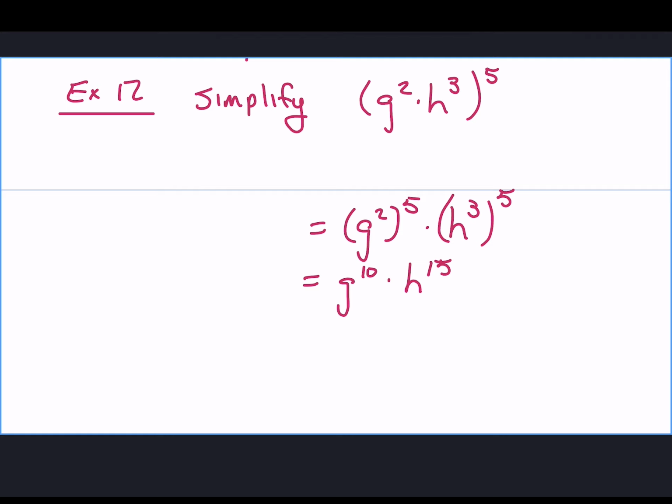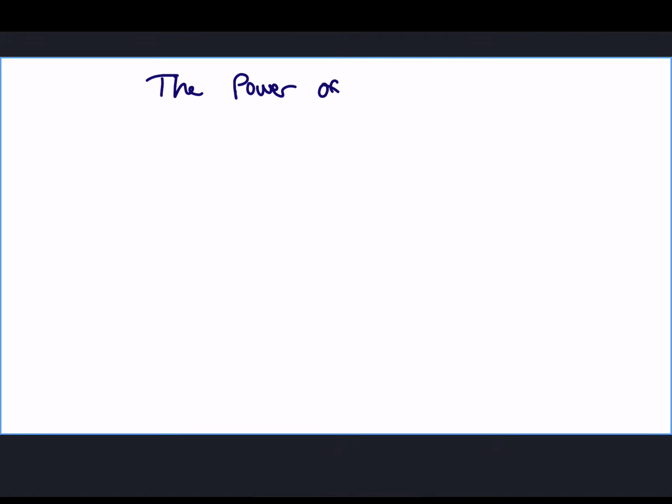Okay, we're down to our last rule of this section, and that is the power of a quotient.